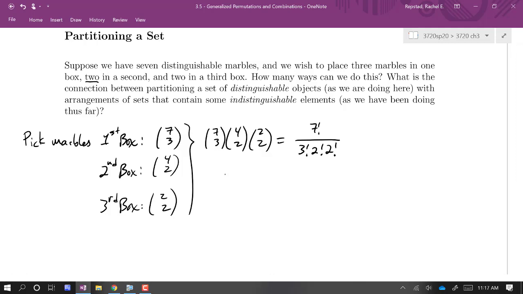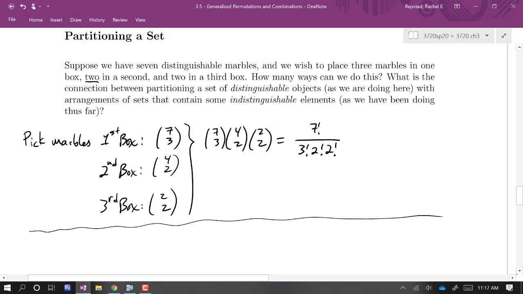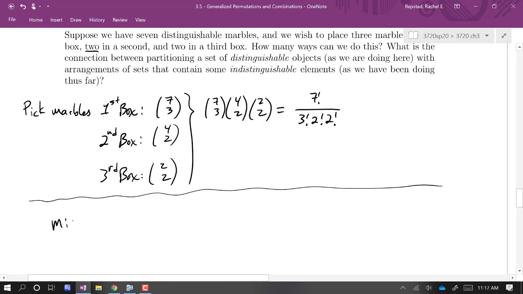And the way in which we're doing the same thing is, if I think about the Mississippi problem, where we have 1 M, 4 I's, 4 S's, and 2 P's. Right? So, there were 11 letters.